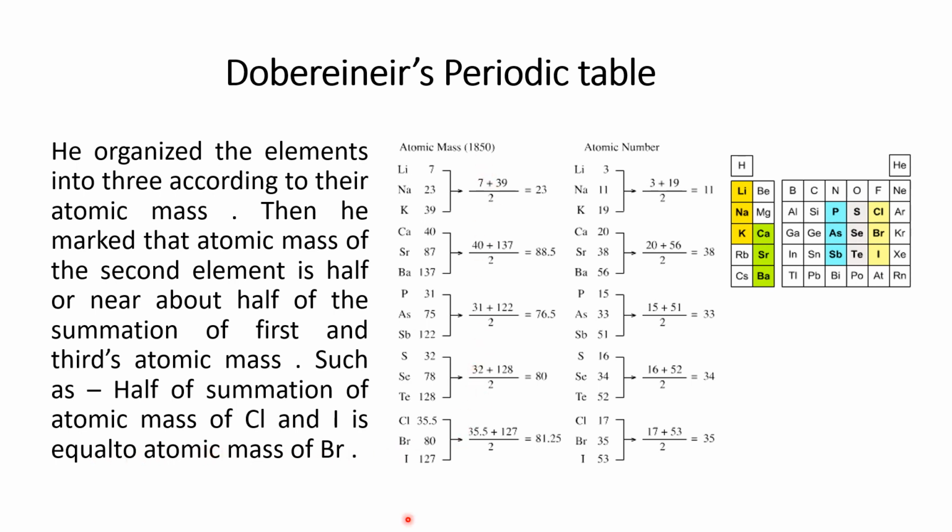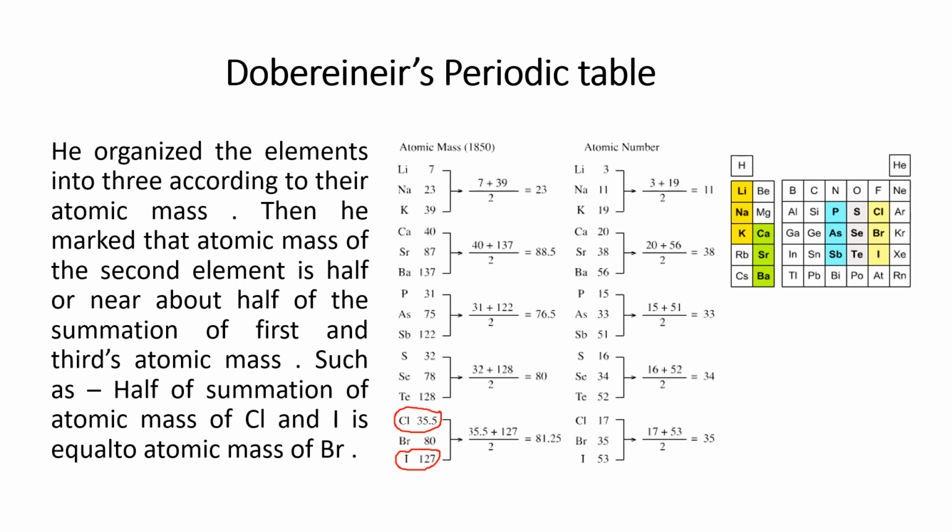Here you see the atomic mass of chlorine is 35.5, iodine is 127 and bromine is 80. If we add the atomic masses of chlorine and iodine and divide by 2, we get 81.25. It is near about the atomic mass of bromine.